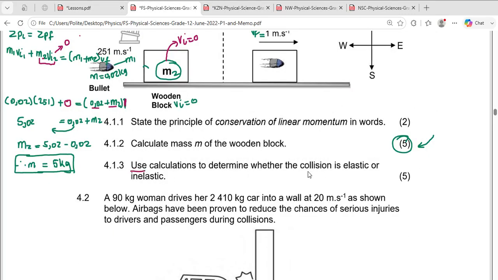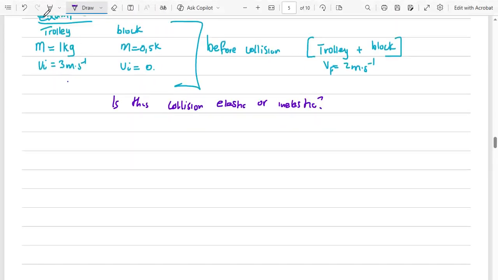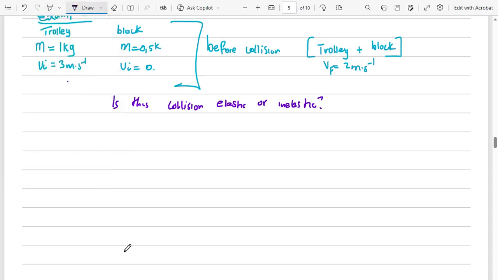Use calculations to determine whether the collision is elastic or inelastic. Now I'm giving you another 5 marks. But to do the proof, you're going to calculate the EK before.